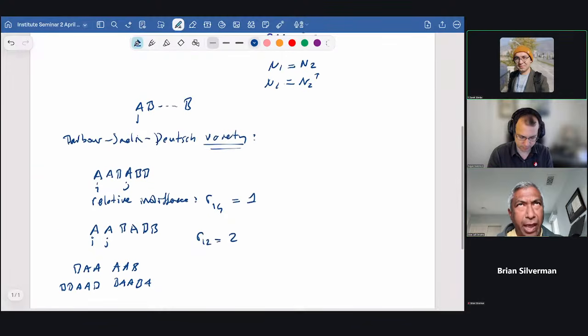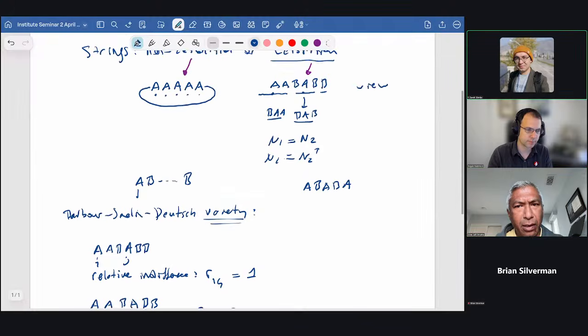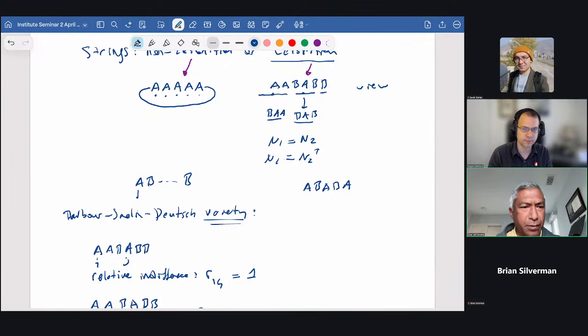ABABA. Yes, this is non-Leibnizian, because the B has similar neighborhoods in both instances. And one quick clarification: what is the transpose of a string? It's the string written in the reverse order. Okay. Thank you so much. You're welcome.